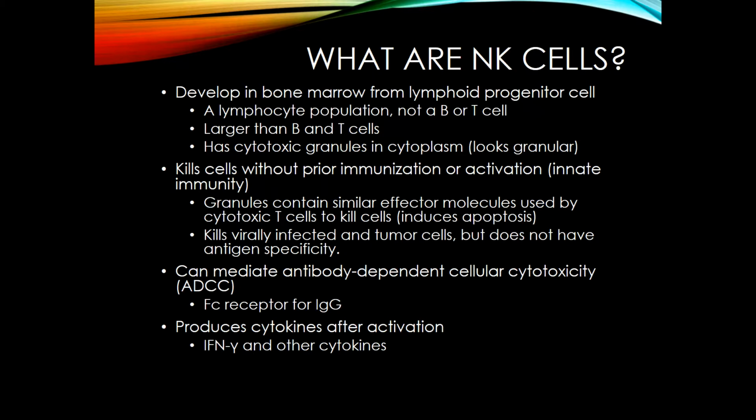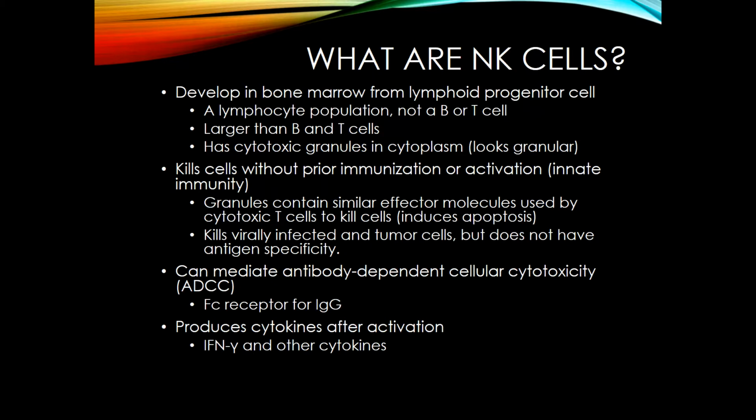These cells can also mediate antibody-dependent cellular cytotoxicity, and I talked about this already. Another name for this is ADCC. And basically what this is, just to refresh your memory, is that an antibody molecule, an IgG, will bind to the surface of a target cell.